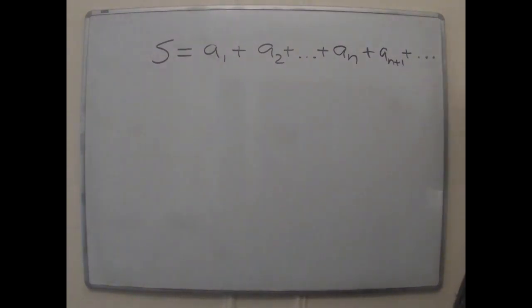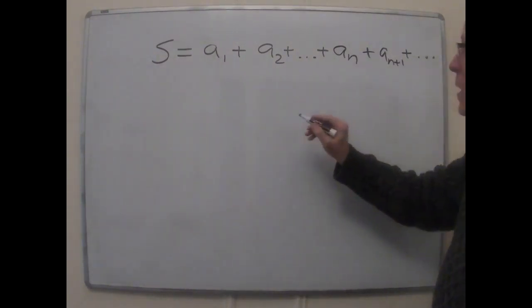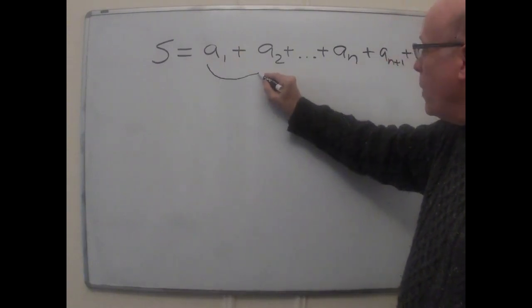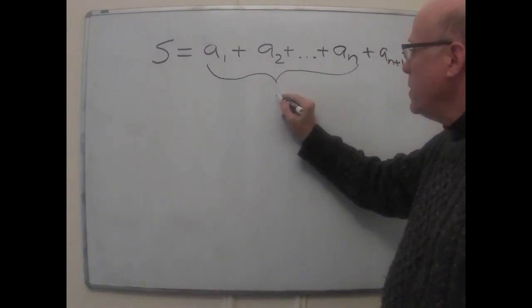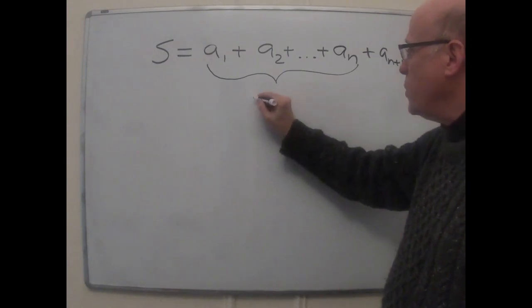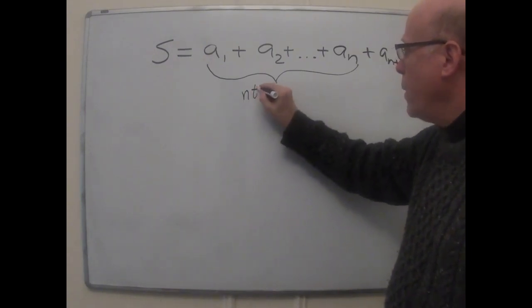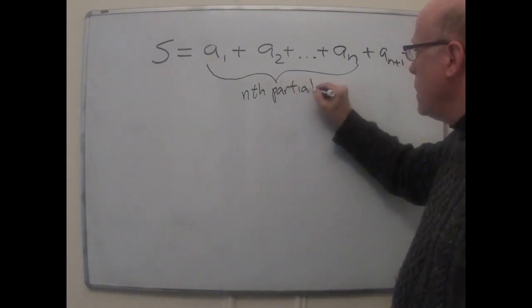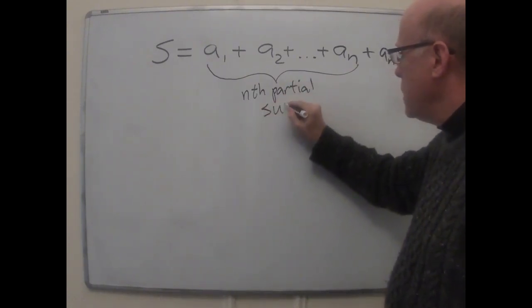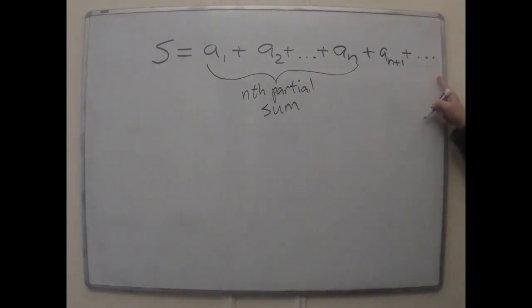More, a sub n plus 2, a sub n plus 3, etc. This part, this initial n terms, if you add that stuff together, that's known as the nth partial sum. The rest of the stuff that would go from n plus 1 out to infinity, that's called the tail.